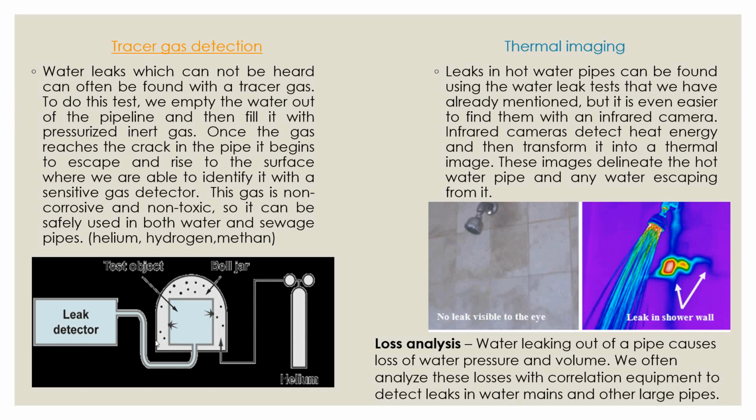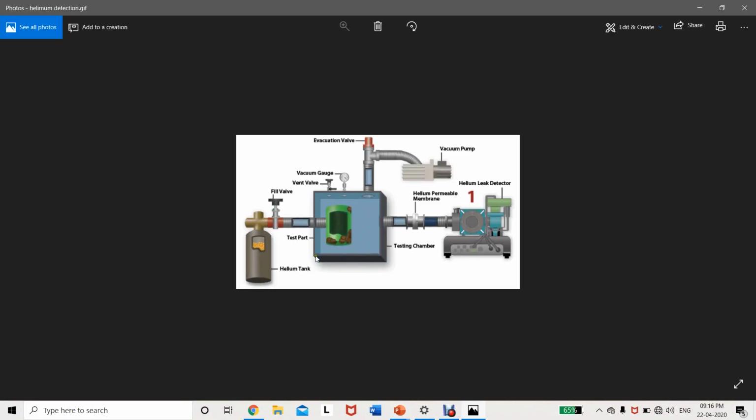Where the leaks are, this helium gas will try to escape from those leaks. The area where you detect the helium with the tracer or gas sensor is where your leak is observed. Okay, so this is how this trace gas detection machine helps.